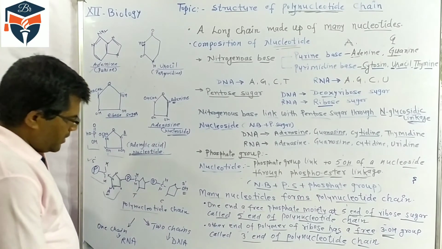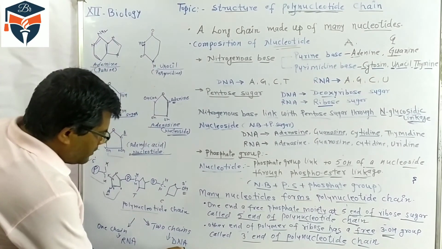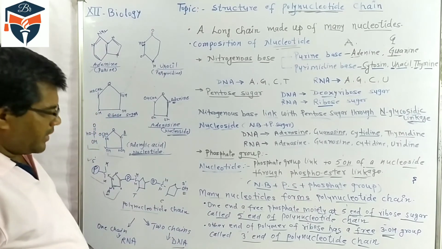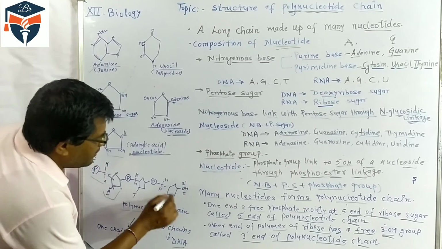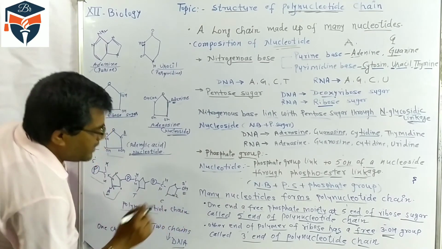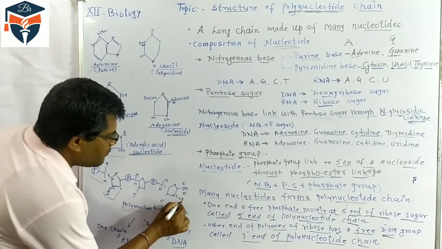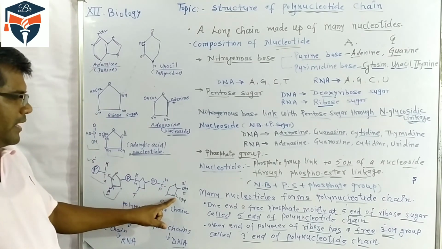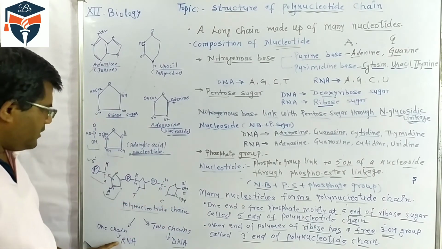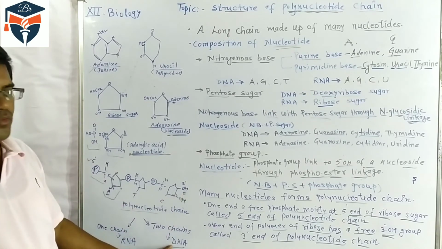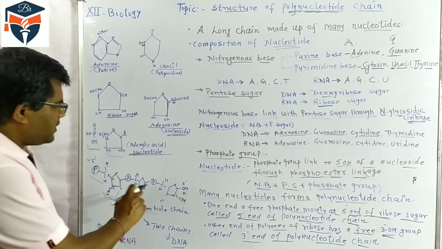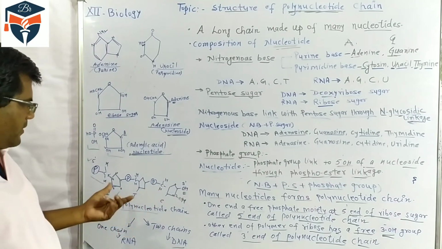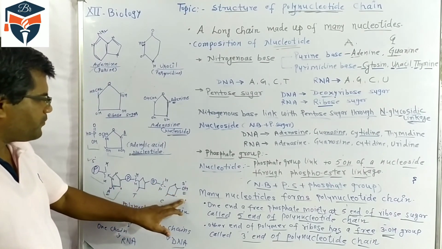One more important thing you should remember: DNA is a stable molecule, but RNA is more active, because in RNA, at the second carbon atom, one additional hydroxyl group, an OH group, occurs, and due to the additional OH group RNA is more active as compared to DNA. So if we are forming DNA and RNA polynucleotide chains, first you see DNA.